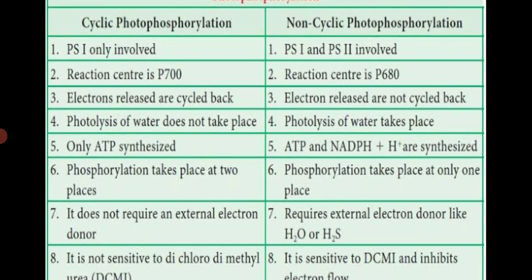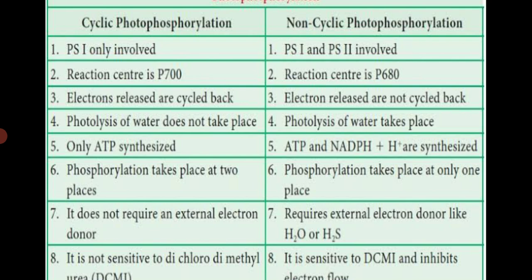Once again, in this image, you can look for the differences between cyclic photophosphorylation and non-cyclic photophosphorylation. In cyclic photophosphorylation, only one photosystem is involved, that is photosystem first. In non-cyclic photophosphorylation, PS1 and PS2 are involved. The reaction center is P700 in cyclic photophosphorylation.